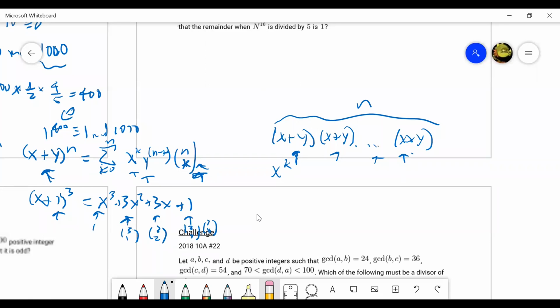There are n parentheses in total, and you need to choose k of them in which you take an x from, so there are n choose k different ways you can choose k x's. So this would just be n choose k as the coefficient of your x to the k term. And since you have k x's, you have to have n minus k y's, because the total degree of your term has to equal n.